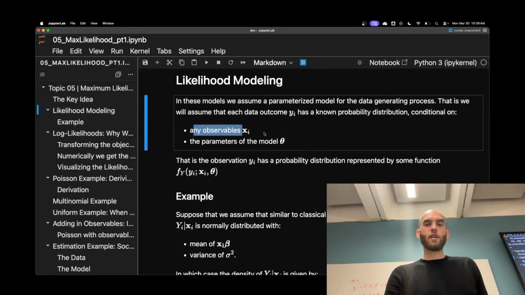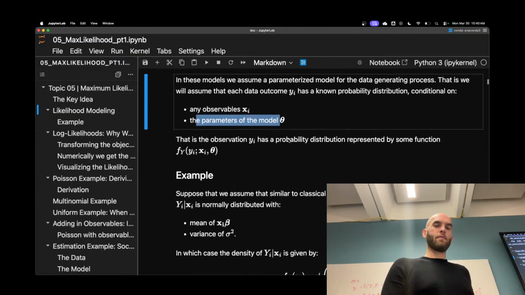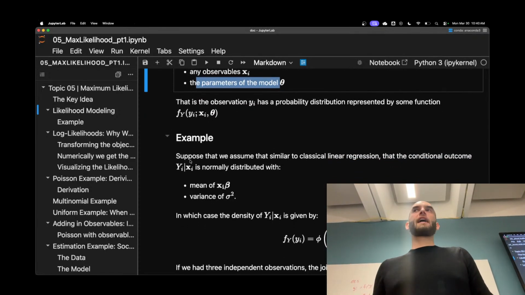So the notation here is the same. We have an outcome variable, yi, coming from a known probability distribution, which is dependent on our observables, so we can see all of these xi's, and then unobservable parameter values for the model. If this looks familiar, that's because it's the exact same notation that we've been using, or at least similar.